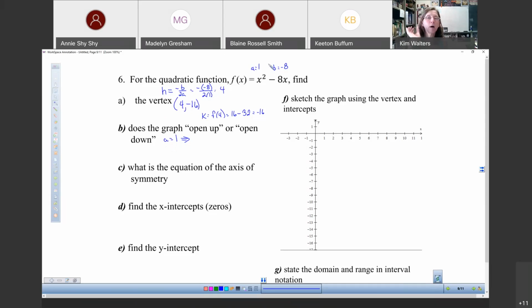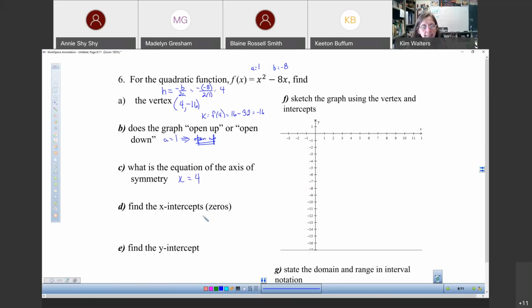So since it's a positive x squared, it has to open up, okay? I liked the all caps. I thought it was amazing. It made me excited. So A is equal to 1 tells me that x squared is positive, and so it's going to open up. Be really, really careful there, okay? All right, axis of symmetry is x equals 4 in this case.